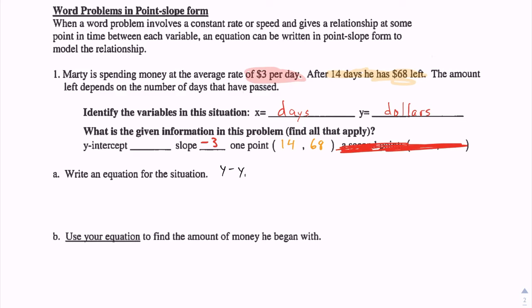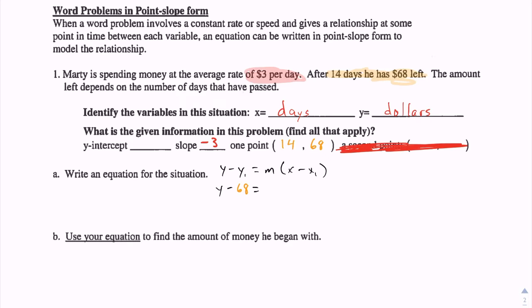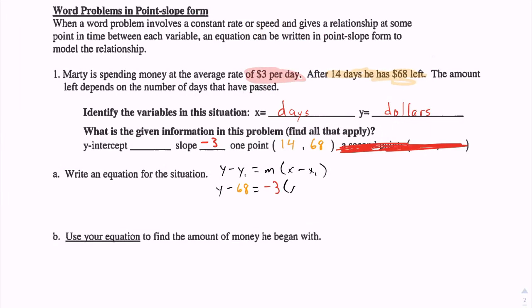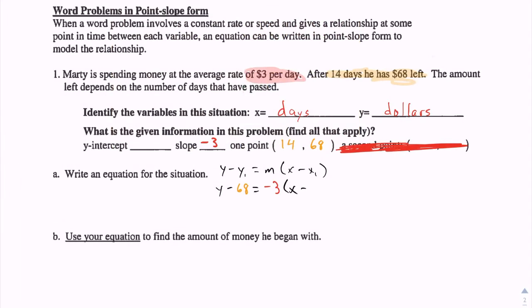Now, once we have this established, we use our point slope formula and we put these in. So we have Y minus Y1 is going to be 68 equals, the slope is negative 3, and then parentheses X minus, and X1 is going to be 14.